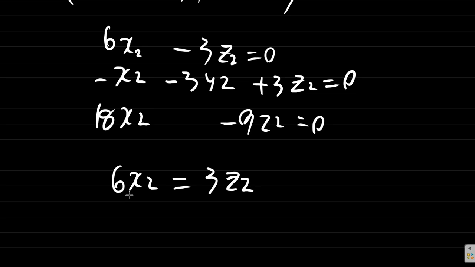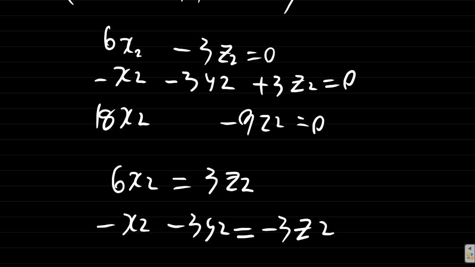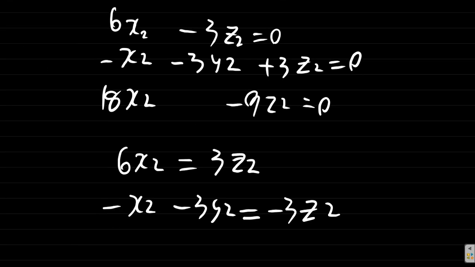Then you have negative x2 minus 3y2 plus 3z2 equal 0. Let's subtract 3z2 from both sides, so it equals negative 3z2.